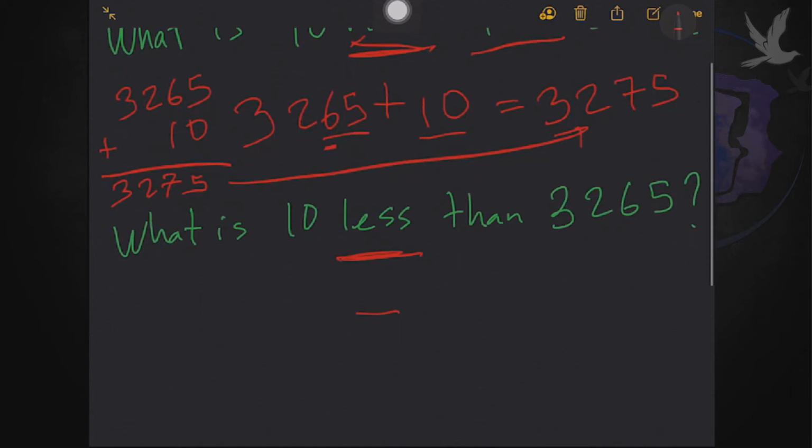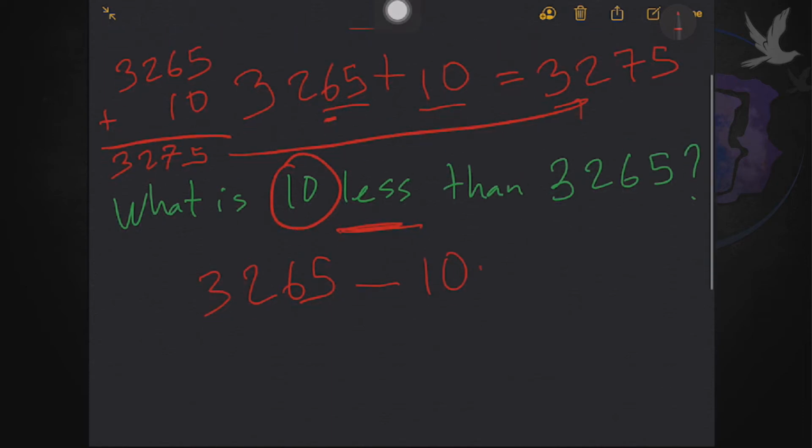Now, how about for less? What is 10 less than 3,265? So then again, 3,265 is already there. And all you have to do is just to subtract or take away 10 from it. Okay? So doing the same method earlier, since it's in tens, all you have to do is just to subtract 1 from our tens value, which is 6. So we have 3,255.